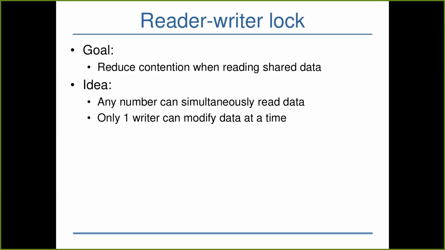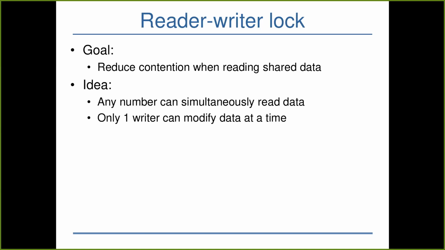So basically the idea of the reader-writer lock is that we want to allow any number of threads to simultaneously read data, and only one writer can modify the data at a time. So either any number of readers can read data, or, as mutual exclusion, one and only one writer is writing this data.